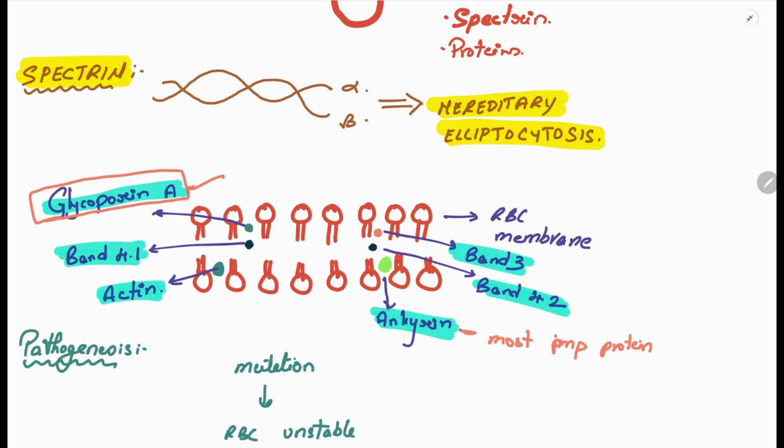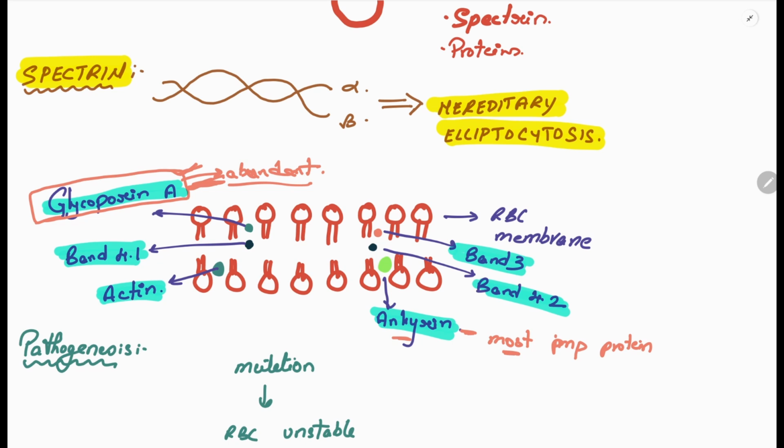Glycophorin is the most abundant protein in the RBC, so it is the least likely one to get mutated. And ankyrin is the most important protein that you must remember in hereditary spherocytosis.